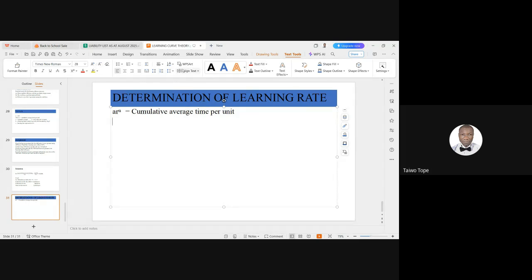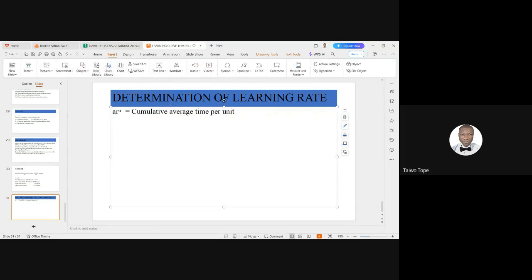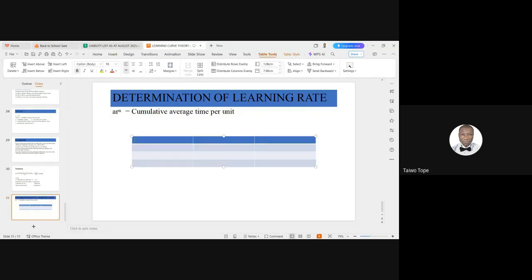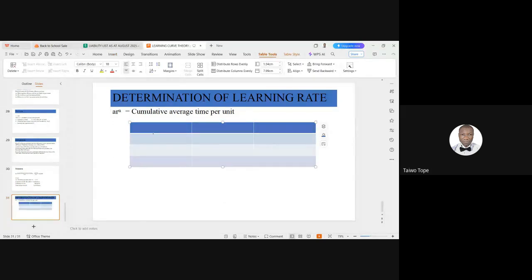So I'm going to show a simple table to explain the determination of learning rates before we now pick some examples to solve. So we can have units completed, total time, and average time.